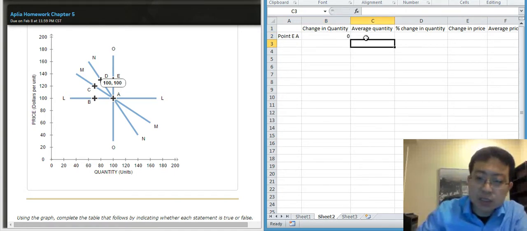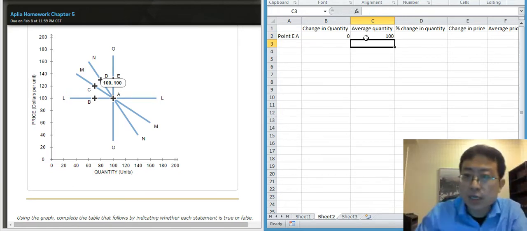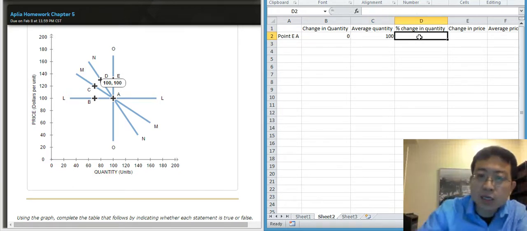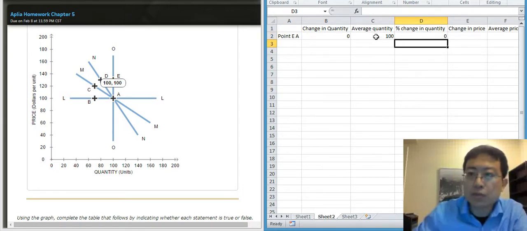And then the average quantity, I'm going to do equal sign, 100 plus 100, and then divided by 2. So again, that gives you 100. And then the percentage change in quantity, I'm going to use the change in quantity, which is 0, divided by our average quantity, 100, which gives you 0.